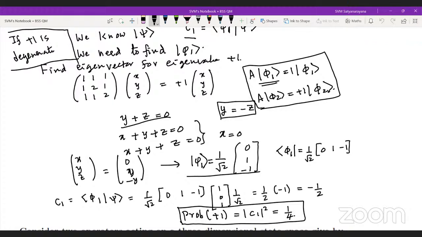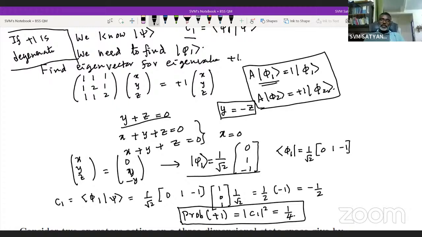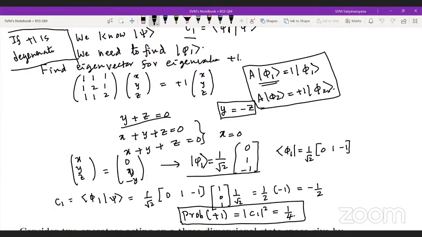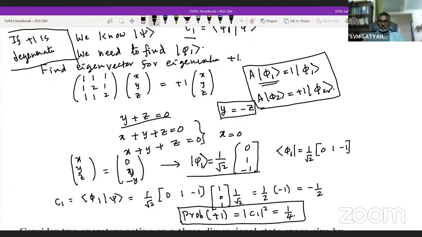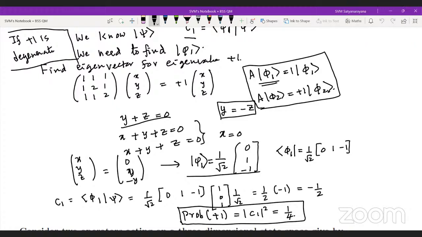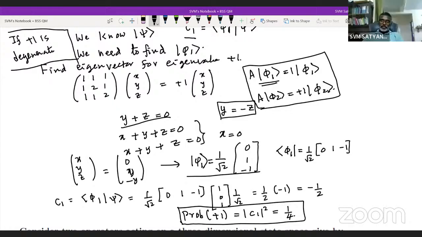Sir, can you explain it once more? No, suppose +1 is degenerate. I have found one eigenvector here, but there may be another eigenvector which also gives the same eigenvalue. In that case, I am missing that probability. I am only calculating one part of the probability.